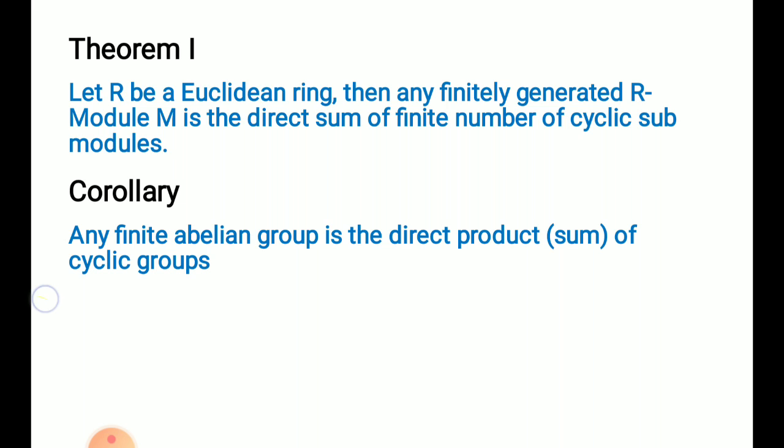Or any finite abelian group is the sum of dash dash groups, cyclic groups. The word product can be replaced by sum in this corollary. Any finite abelian group is the direct product of cyclic groups, and second, any finite abelian group is the direct sum of cyclic groups. Okay.